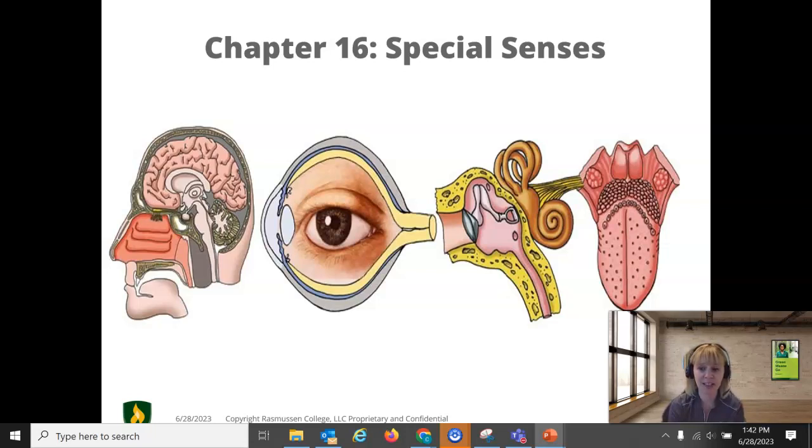However, specific sensations that include smell, taste, vision, and hearing, as well as equilibrium, do relate to some body system. Each is specific to a specific organ or structure of your body. By the end of the chapter, you should be able to relate those to the eyes or the ears. The eyes will be those regarding vision, and the ear will be regarding hearing and equilibrium.